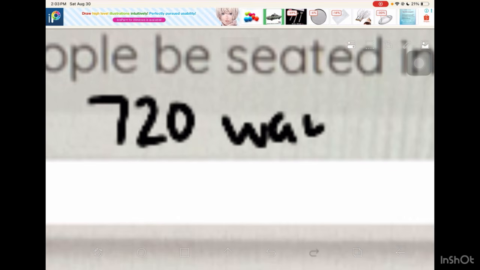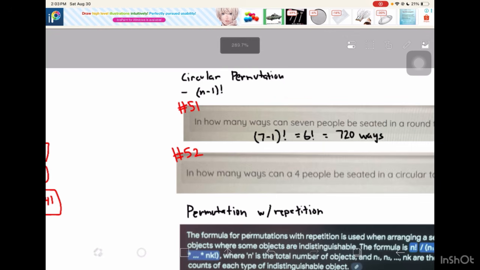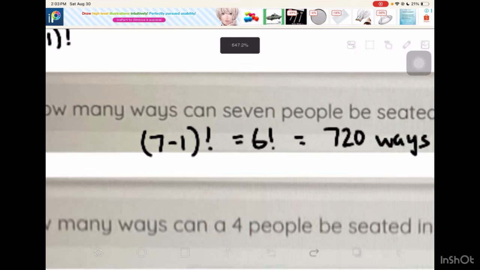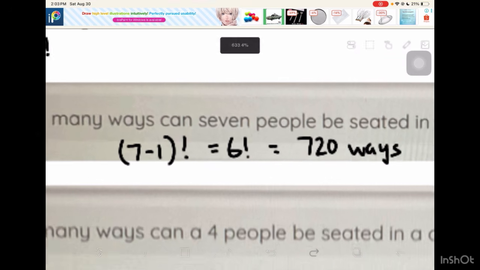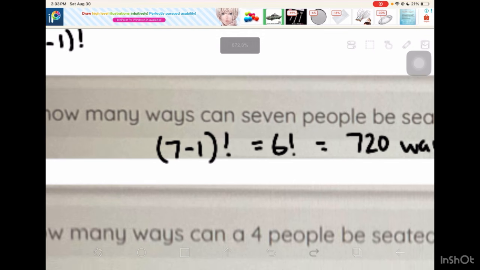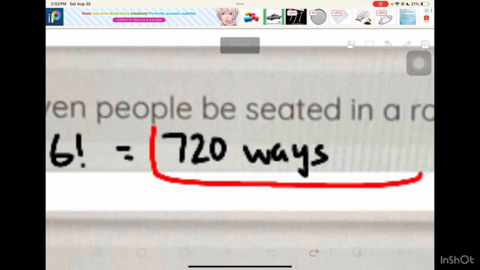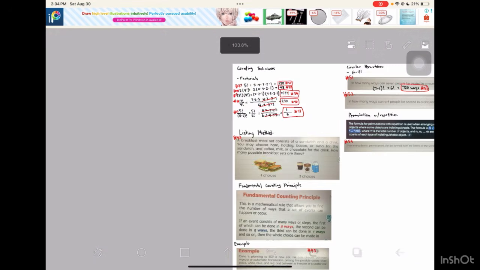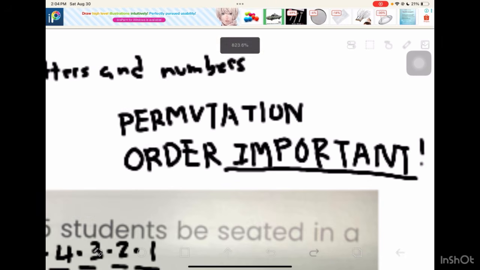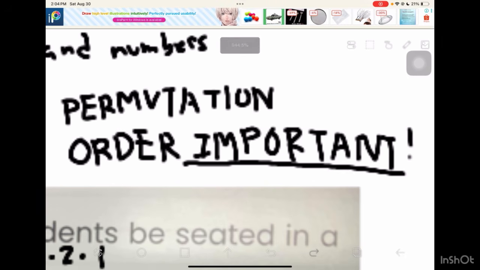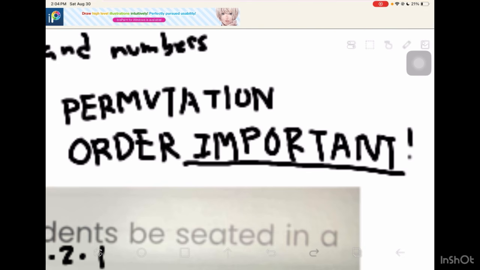It's that simple because the way we rotate the circle, that's how many times we have to double count. So that's why we do 7 minus 1. By the way, these are all permutations, and in permutation, order is important. This is going to be our key difference in permutation versus combination.